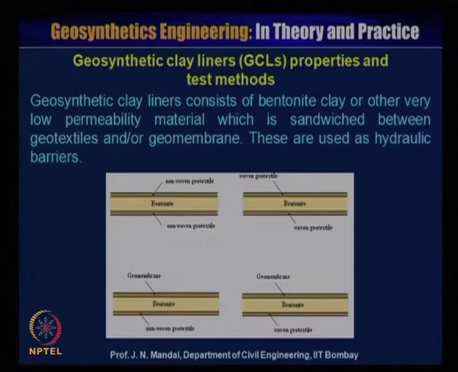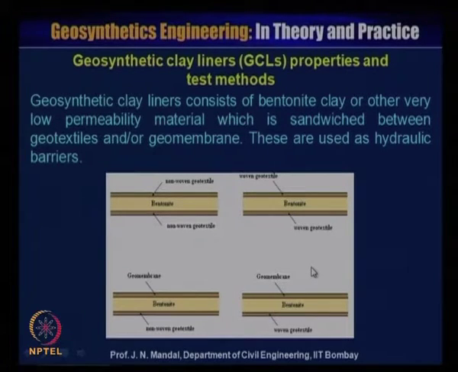So, this material may be bentonite sandwiched between non-woven geotextiles, or the bottom is woven geotextile and top is woven geotextile, or the bottom is non-woven geotextile and top is geomembrane, or the bottom is woven geotextile and top is geomembrane.